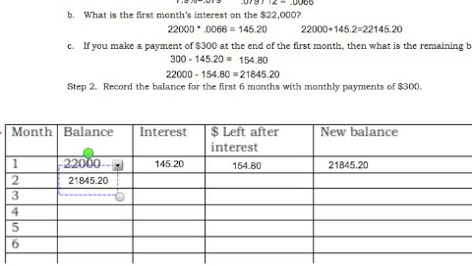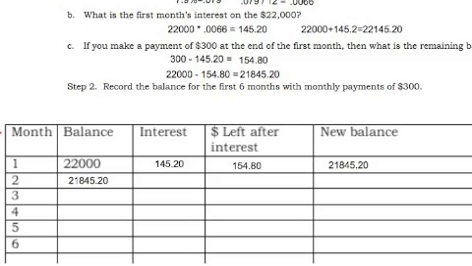You will need to calculate the interest by taking the balance times 0.0066. You will then need to calculate the money left after interest. So after you paid $300, how much money will you have left that will go towards the new balance?